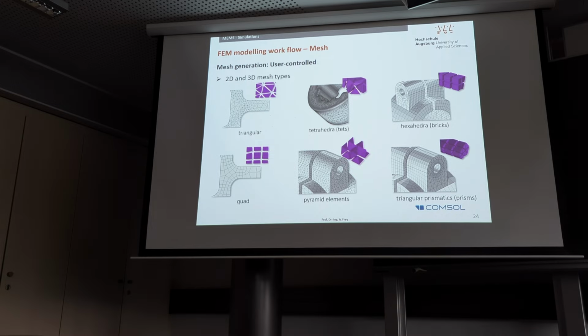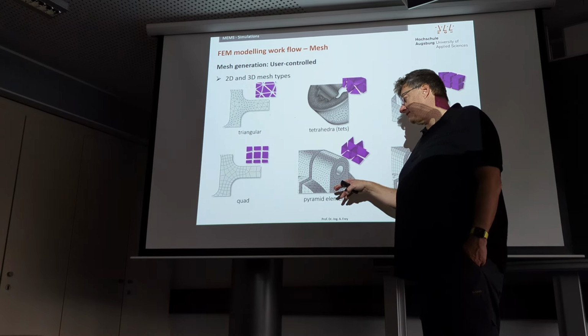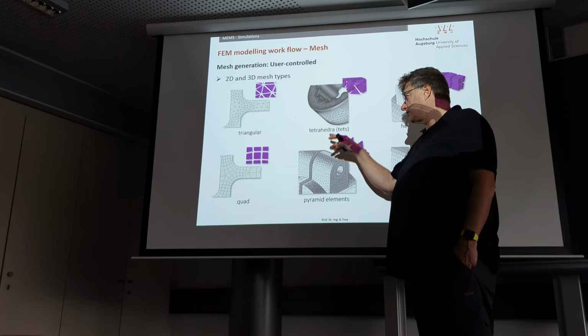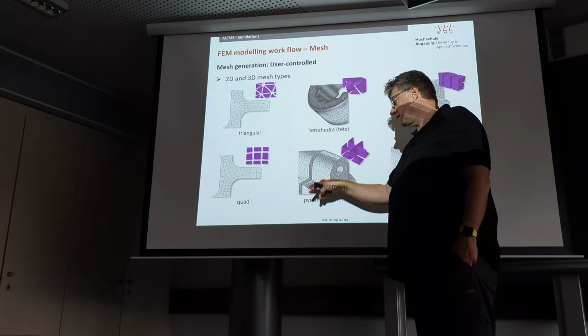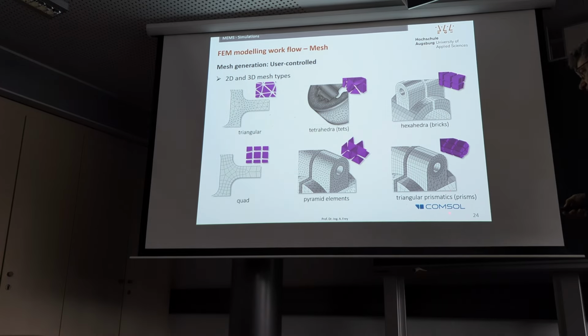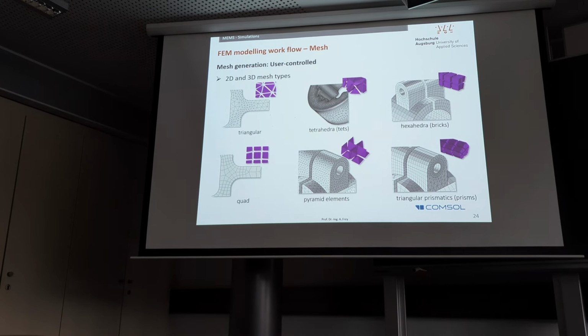You can make the thing with the same quality and the same or small error by using fewer elements. That is not always possible, but during the optimizing process it might be good to go away from the tets to pyramid elements or to prismatic elements.